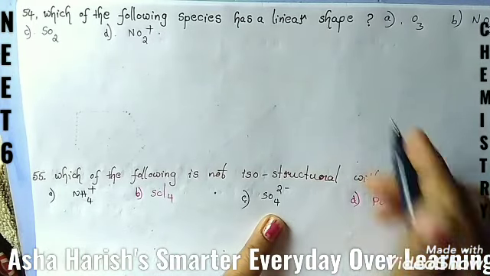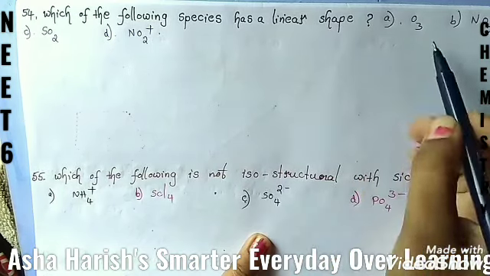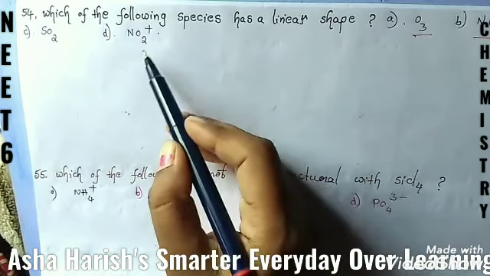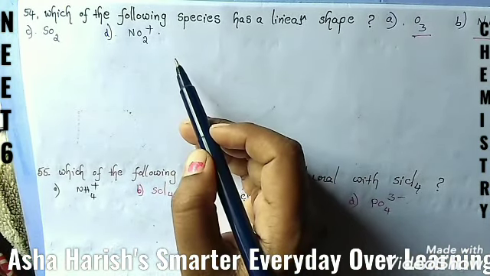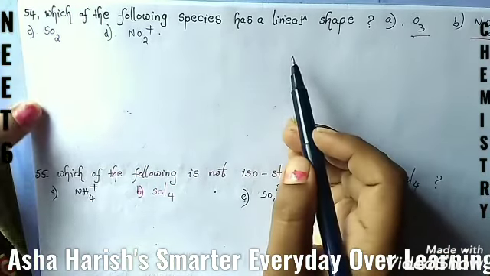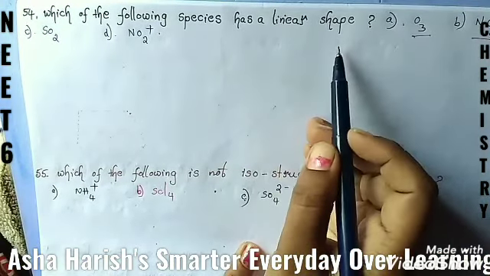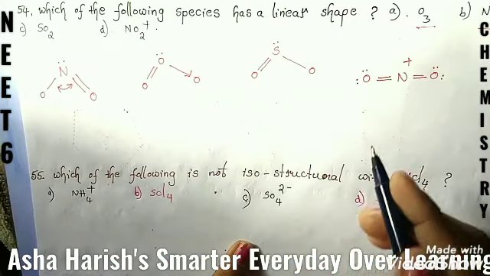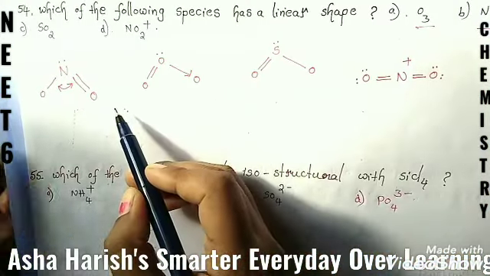Which of the following species has a linear shape? Here options they have given O3, NO2 minus, SO2 and NO2 plus. Okay students, here you can see due to hybridization of nitrogen atom, for all of these structures, first of all this is the structure for NO2 minus, the first one.